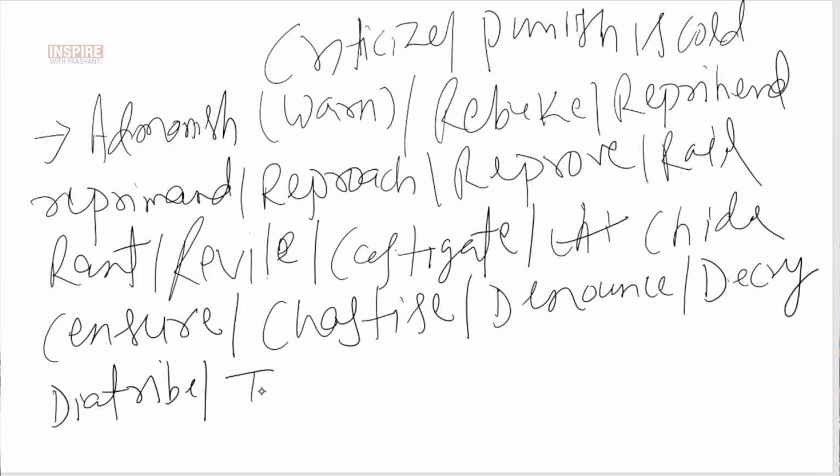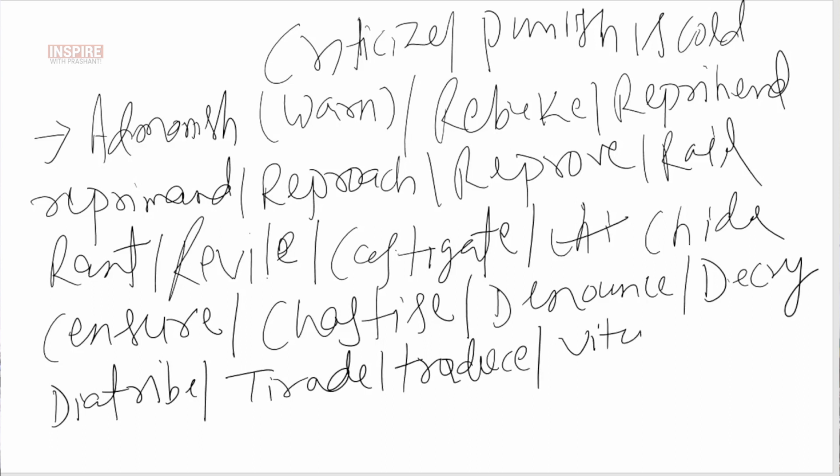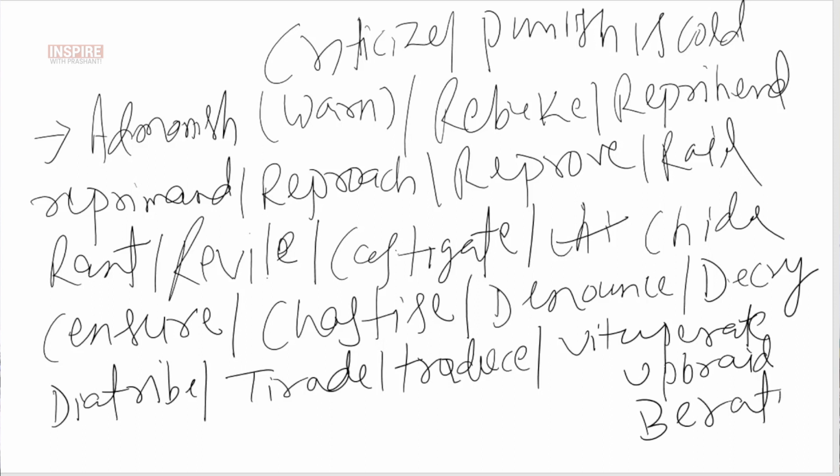Then you have words like tirade, then you have words like traduce, then you have words like vituperate, then you have the word upbraid, not upgrade but upbraid, and berate. Let's take some rest. So many words. Criticize, scold, punish. Don't forget these words.